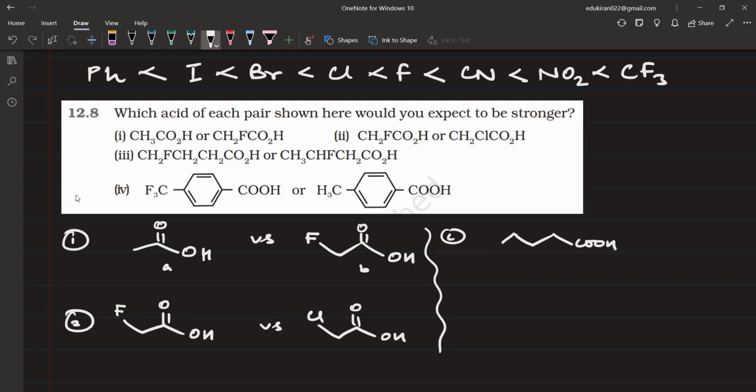Here we have fluorine in this position. पहला स्ट्रक्चर आपके पास. दूसरे स्ट्रक्चर में आपके पास you have COOH and fluorine is in this position here. This is your A.